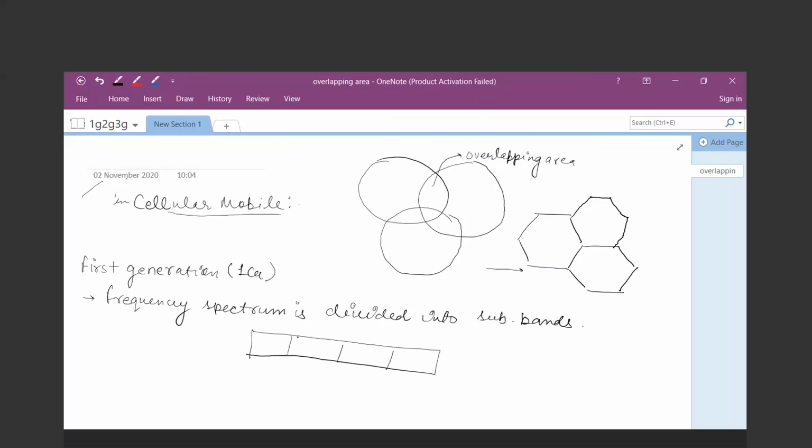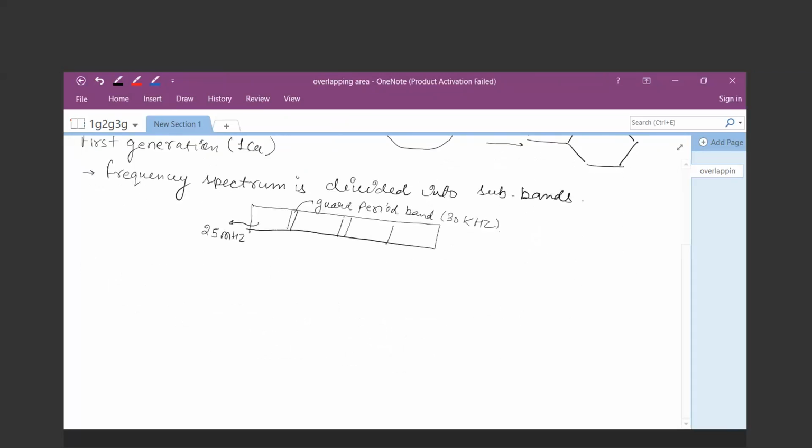And in order to prevent the overlapping and interference from one frequency subband to another frequency band, a guard period is used, or you can say a guard band. The frequency of the guard band is 30 kHz and each frequency subband will be 25 MHz for the first generation cellular mobile communication.